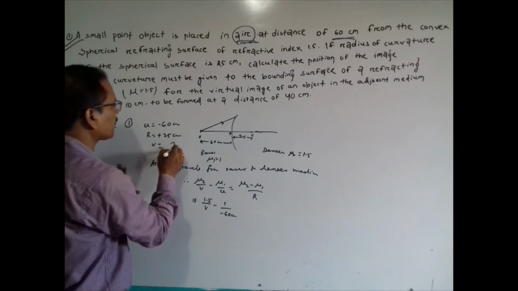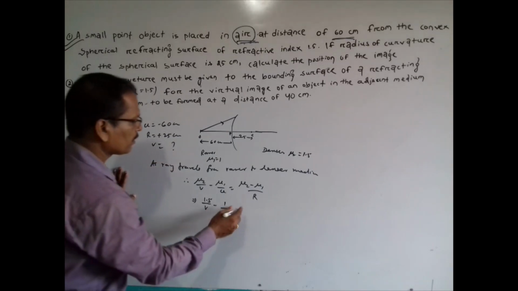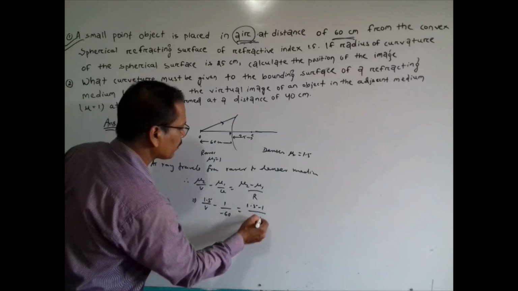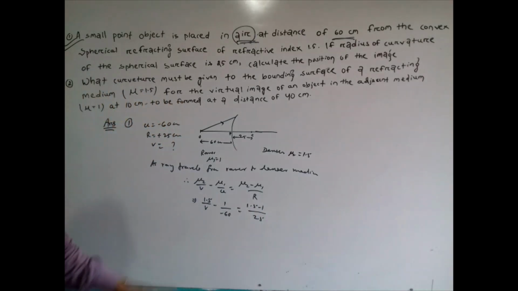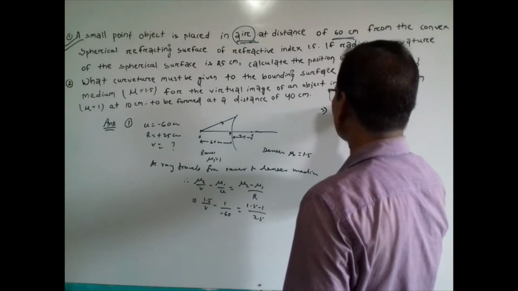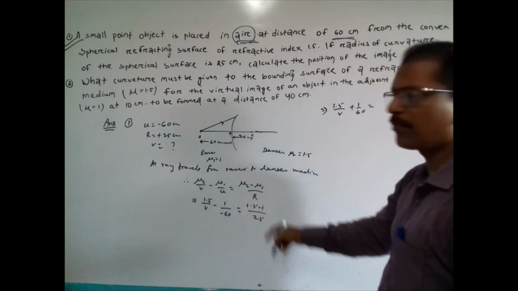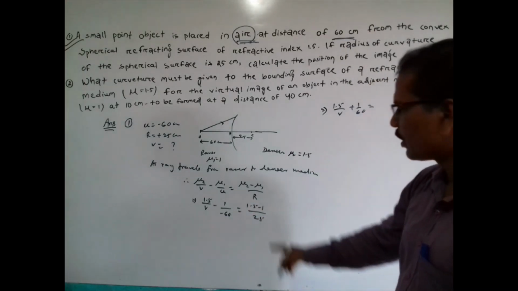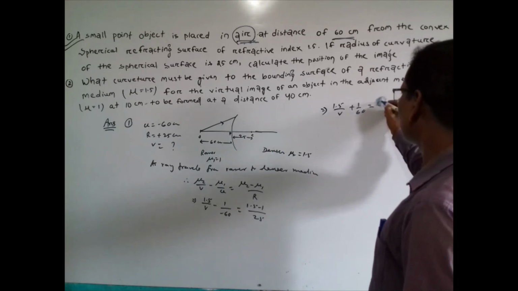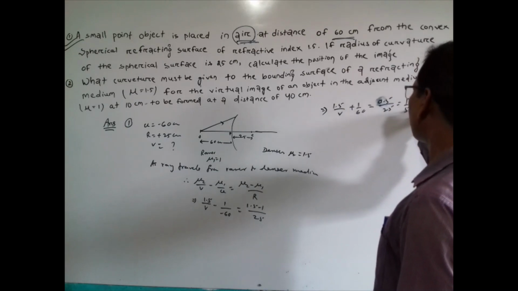So this is minus 60, that is 1.5 by v plus 1 by 60 equals 1.5 minus 1 by 25. This is 0.5 by 25, which is equal to 1 by 50.